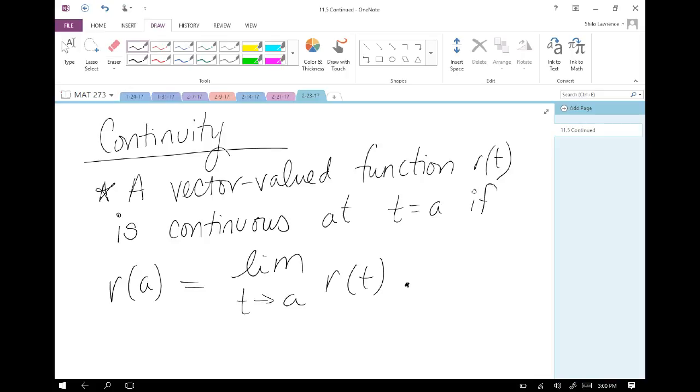What this is saying is the function value and the limit are in agreement. As you approach, the limit tells us what it looks like it's going to be. The function value is where it actually is. If those two are in agreement, then it's continuous. If it looks like you're approaching one number, but then all of a sudden there's a jump to a different number, that's a discontinuity. Or if for some reason your limit doesn't exist, that's a discontinuity.